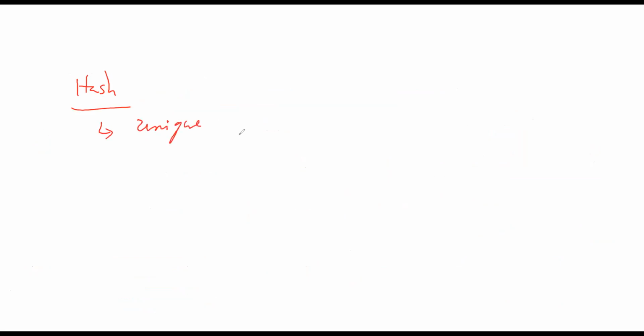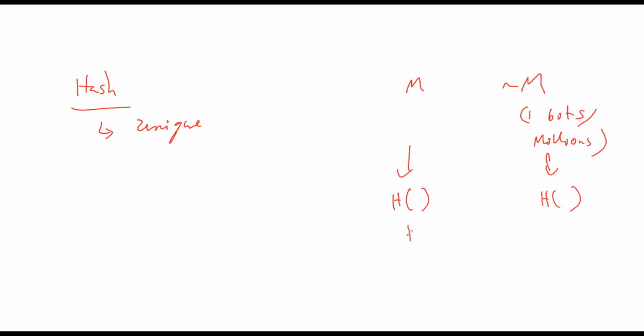That is to say, if you have two messages that are almost exactly the same, where this one just has 1 bit out of thousands, 1 bit out of millions, that's different, then when you run these through the hash function, the output, which is a fixed length hash, will be totally different.